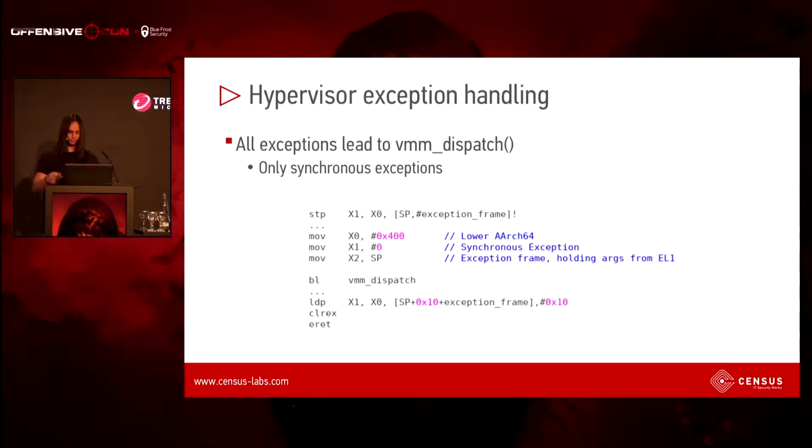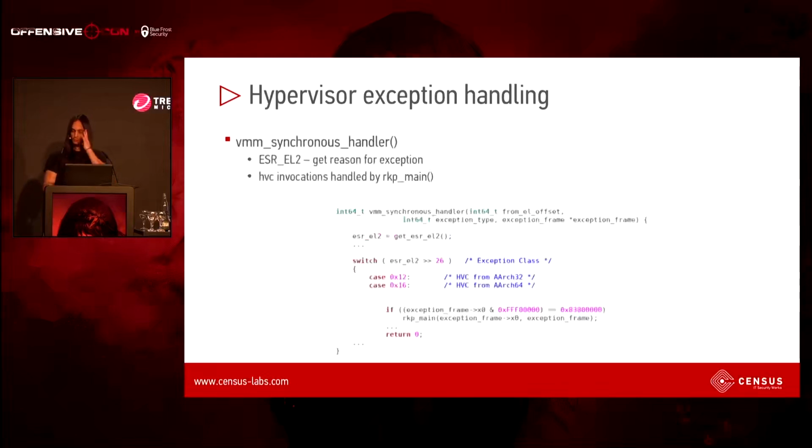The first 2 are information about the exception nature, and the third is the exception frame. VMM dispatch only handles synchronous exceptions by design and returns otherwise. VMM synchronous handler is the handler for the synchronous exceptions, as the name suggests.